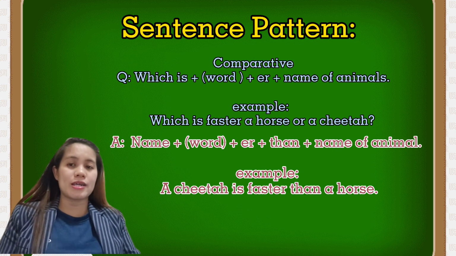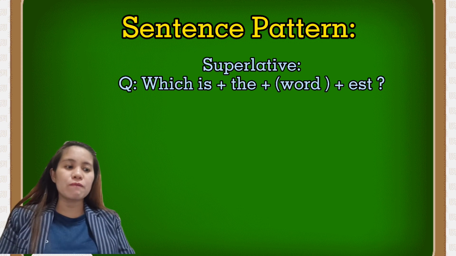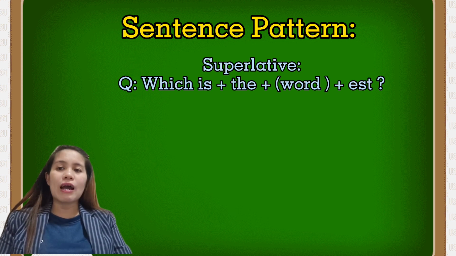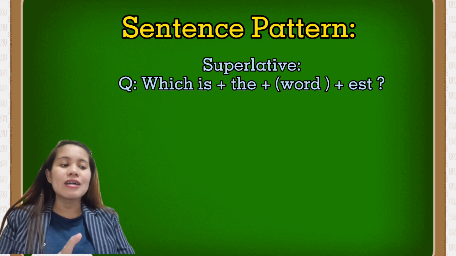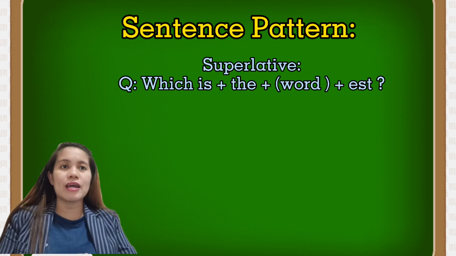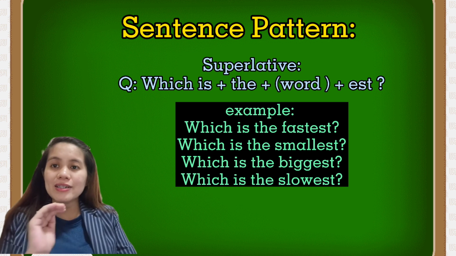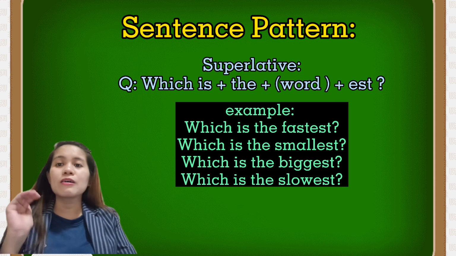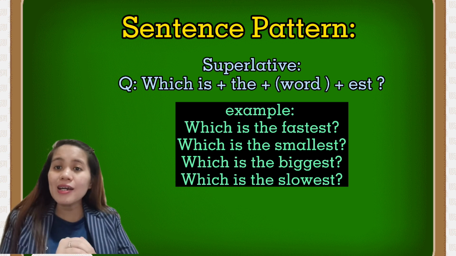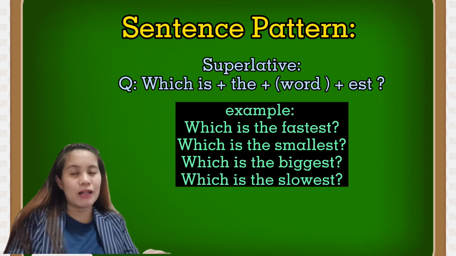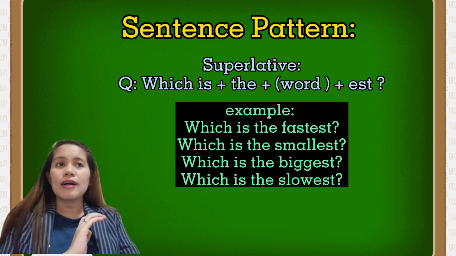And for the superlative, the sentence pattern is which is plus the superlative word. You can say which is the fastest, which is the smallest, which is the biggest, which is the slowest animal, or you can say thing or another noun.